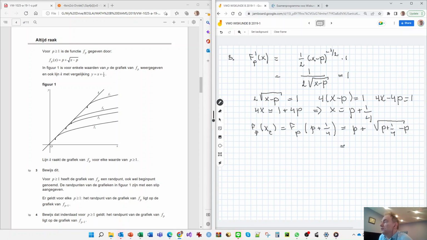That is equal to p plus 1/2. Fortunately, the p's drop out here, and the square root of 1/4 is 1/2.